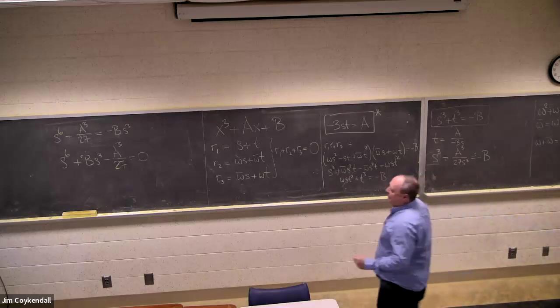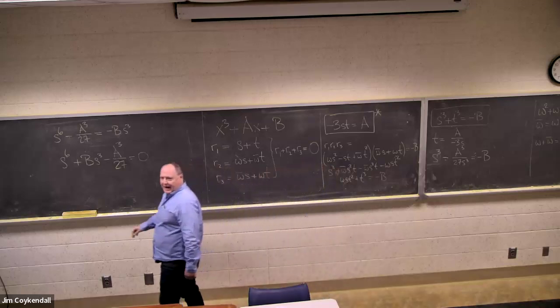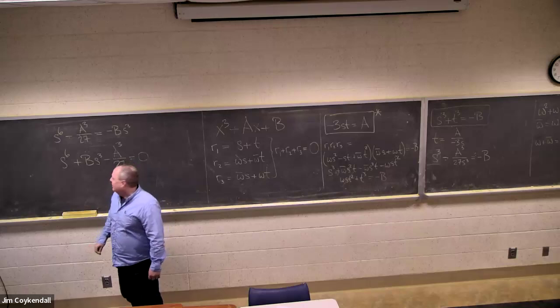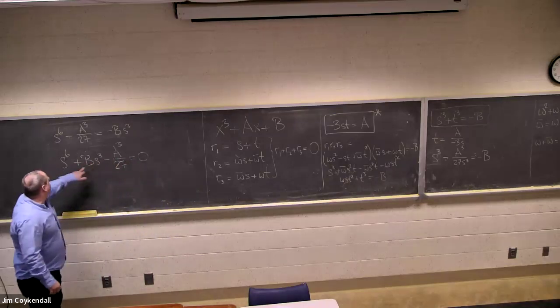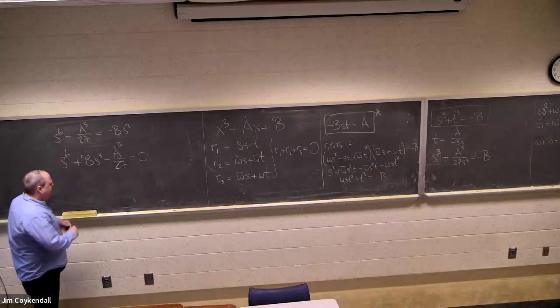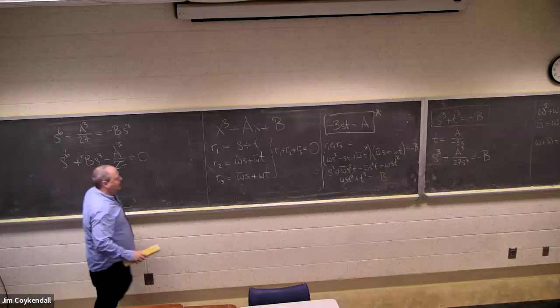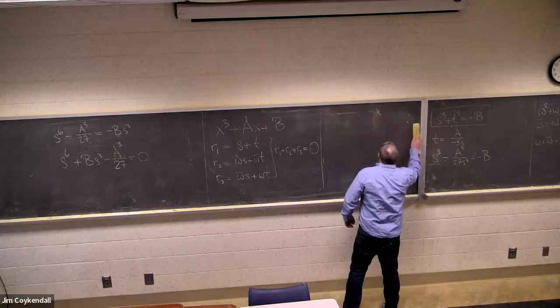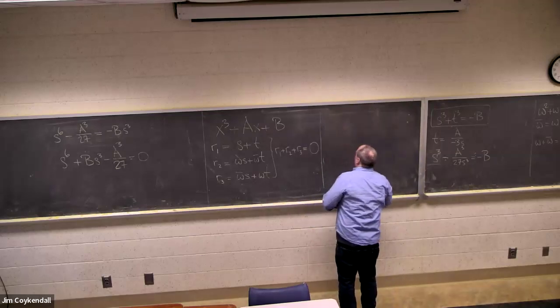Right. This is very special because this is actually quadratic in the variable S cubed, right? Think of this as X and that's X squared, right? I can solve this because it's quadratic.